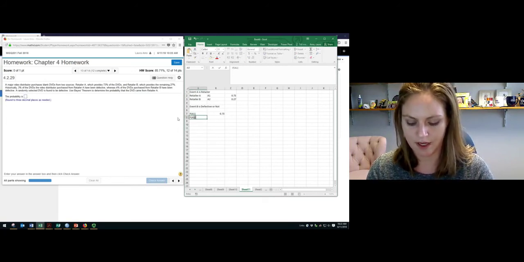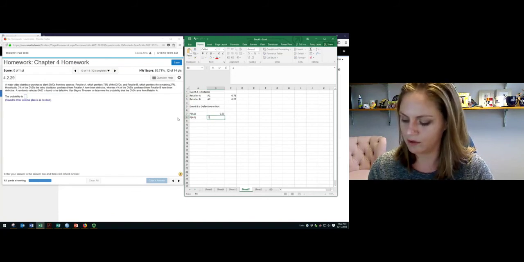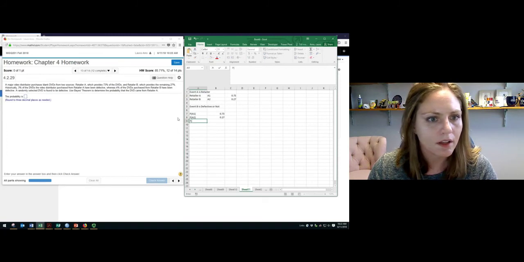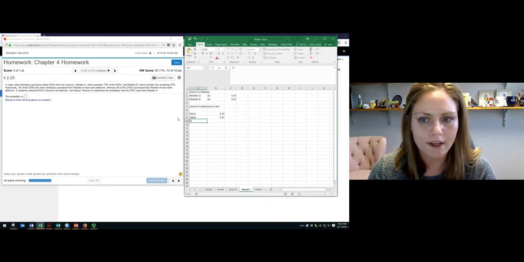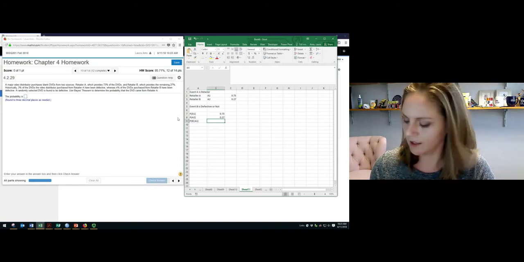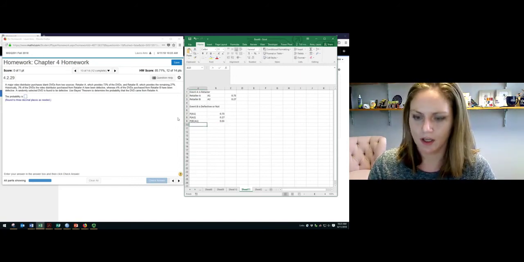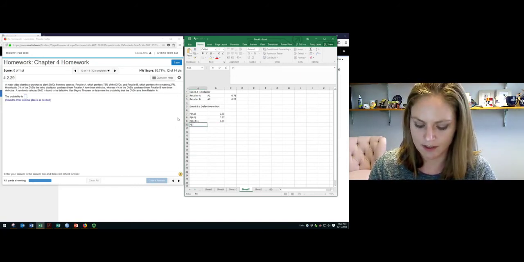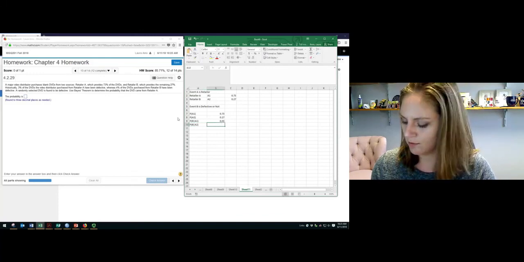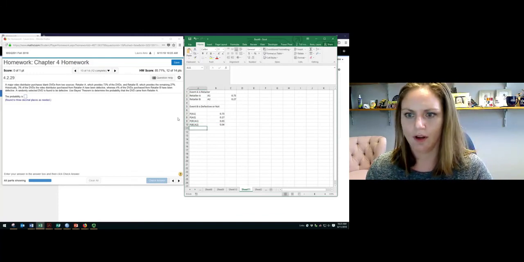The probability of A2 is 0.27. The probability of it being defective given that it's from retailer A is 0.03, and the probability of it being defective given that it's from retailer B is around 4%.